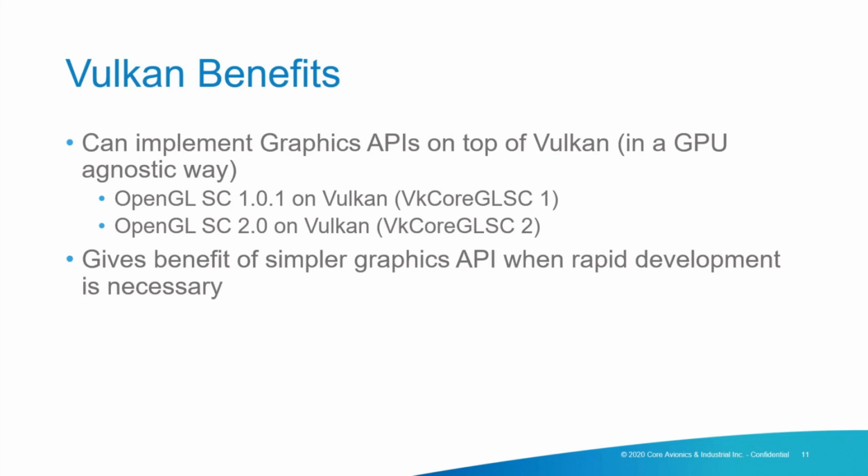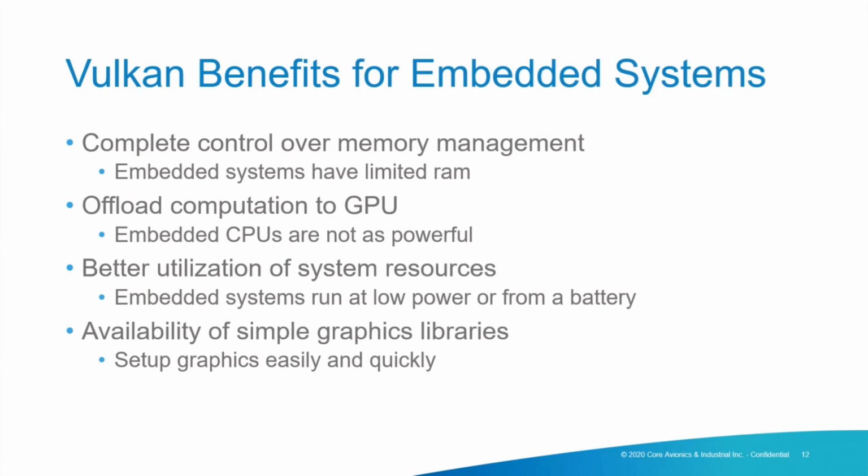It's a pretty flexible system that allows kind of the best of both worlds, where you have a simpler API to get started quickly with the option of having the full performance and capabilities of the GPU being exposed to you with Vulkan. And lastly, the Vulkan benefits for embedded systems really are complete control over memory management.